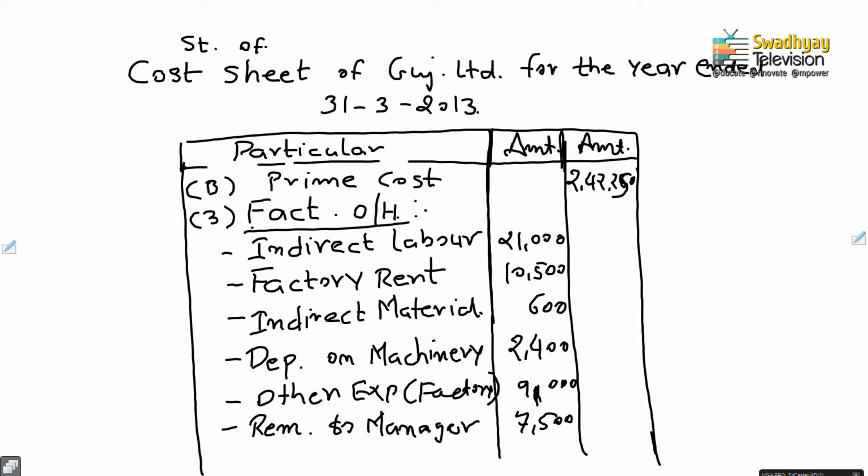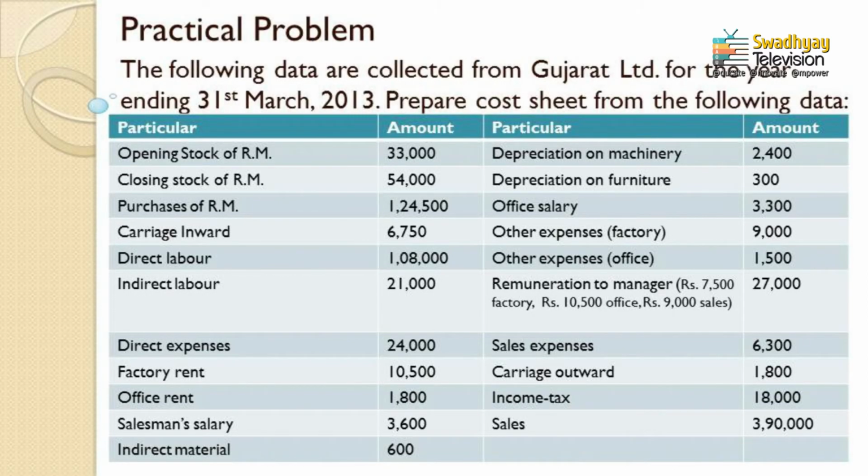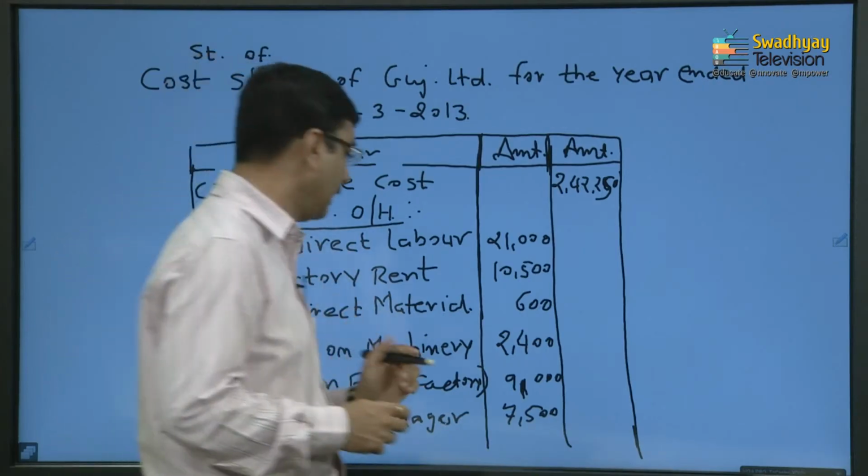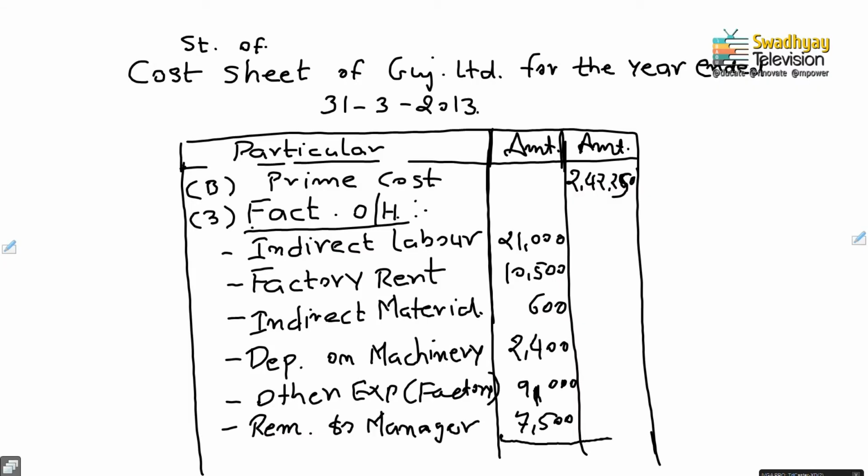See the question, are any more items related to the factory overheads remaining? No. So far as factory expenses are concerned, all the factory expenses given in the question are recorded already in the factory overheads. Now make a total of this factory overheads and transfer into the outer column. The total amount of factory overhead comes to 51,000 rupees.